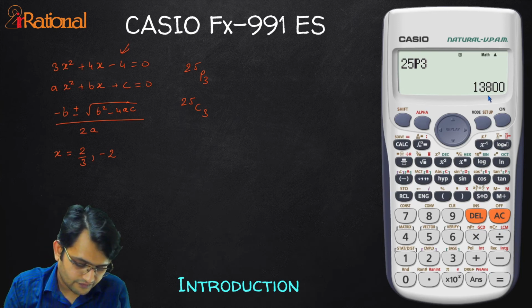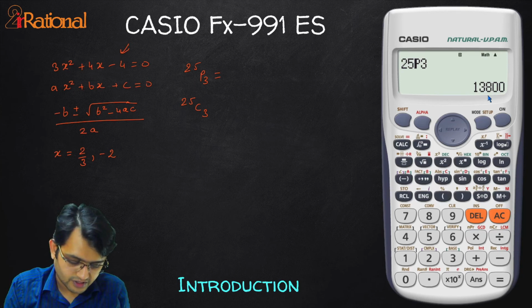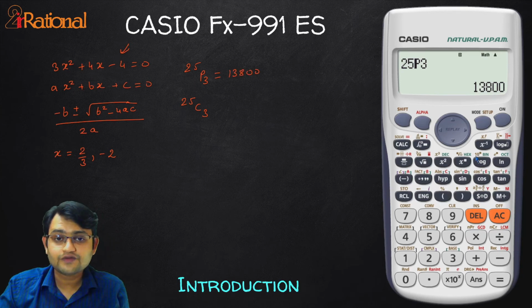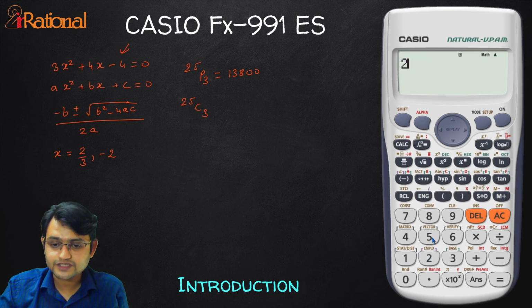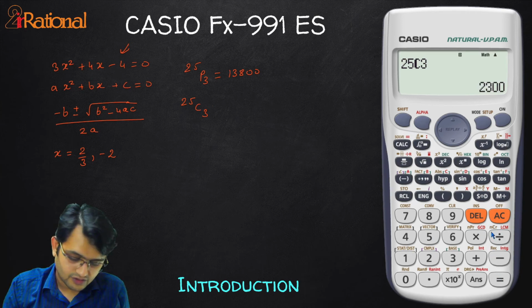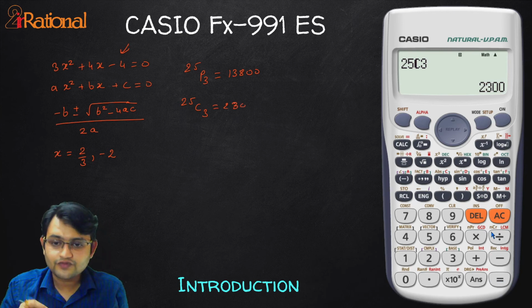So my 25 P3 is nothing but 13800. And similarly, if I want 25 C3, I'll press first 25, then shift, and here I will press C and press 3 equal to, I get 2300.